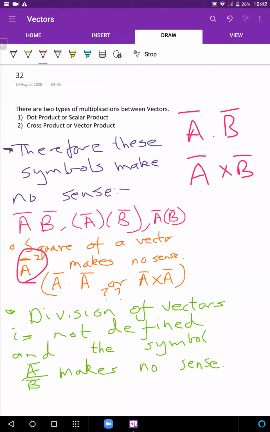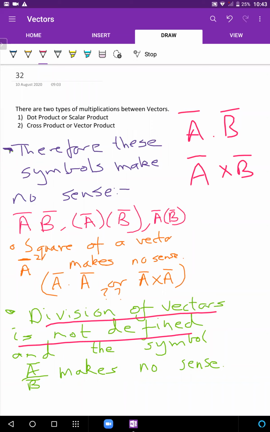Good. And the last thing you should remember, even before we get into multiplication, is that division of vectors is just not defined. That's good for you, you can celebrate. Division is not going to come in this. Firstly, we never find the need to do it; multiplication does the job.